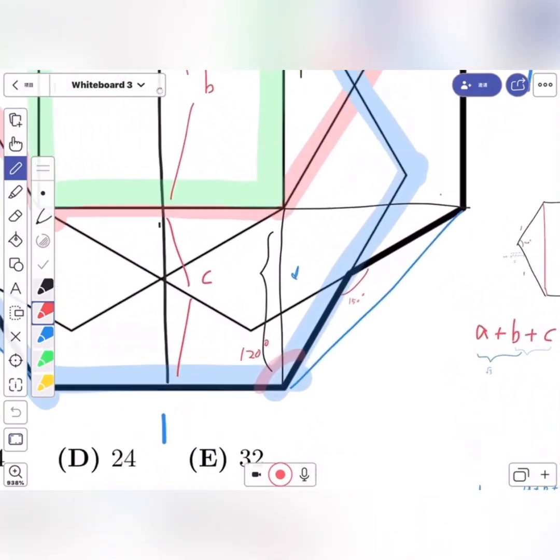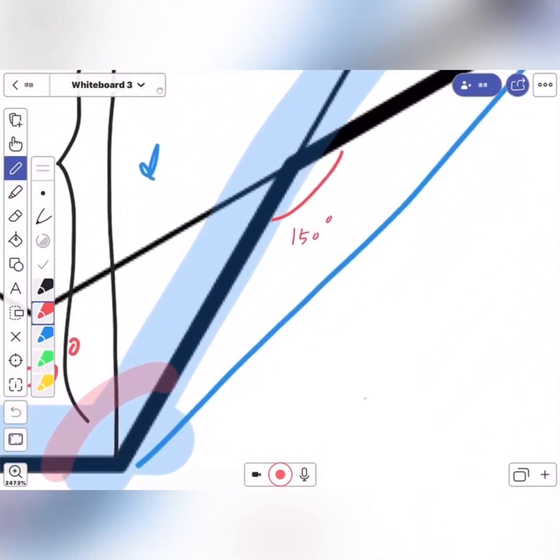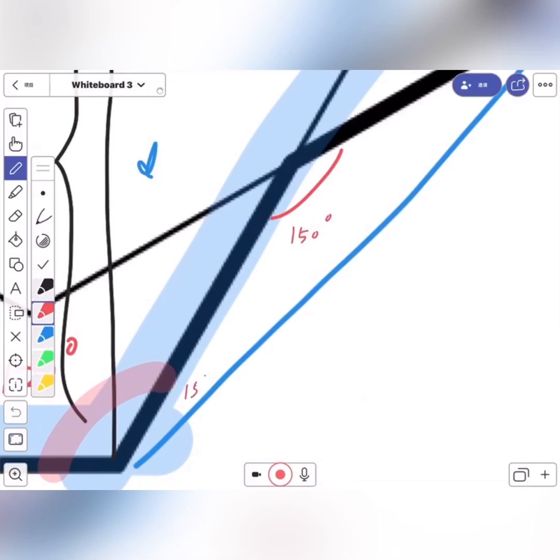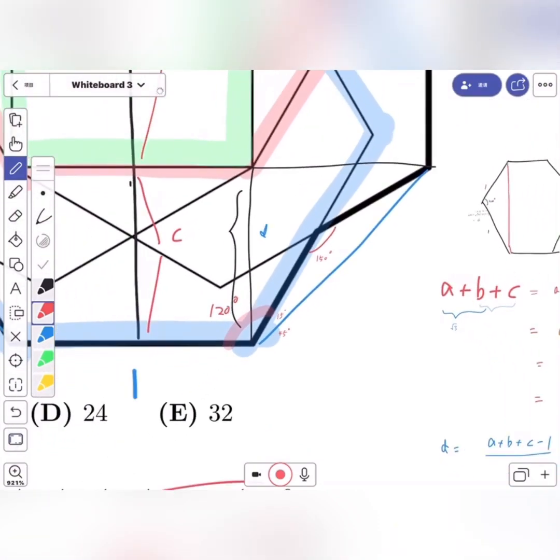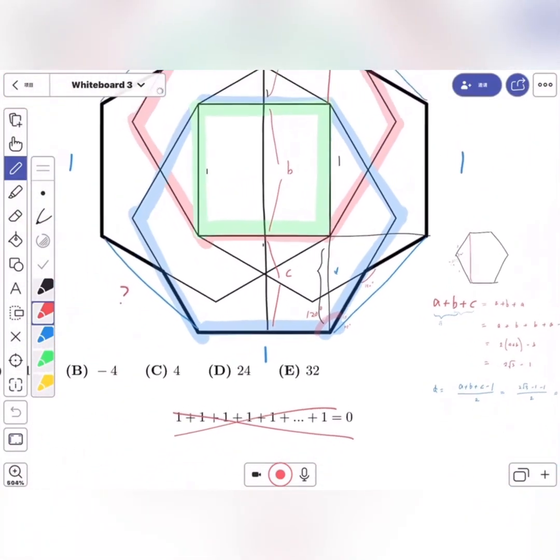So after we know that this angle is 150 degrees, then this would just simply be 45. And that's just an isosceles right triangle.